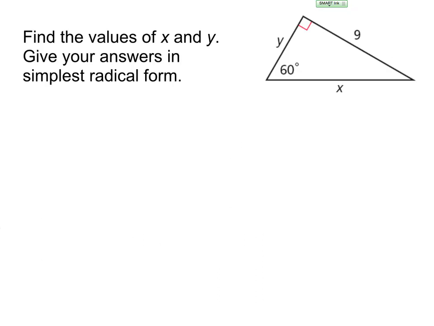Okay, one more sample, starting with the longer leg. What's the pattern on the longer leg? Go backwards: instead of multiplying by what the pattern has, we'll divide by what the pattern has for that side.